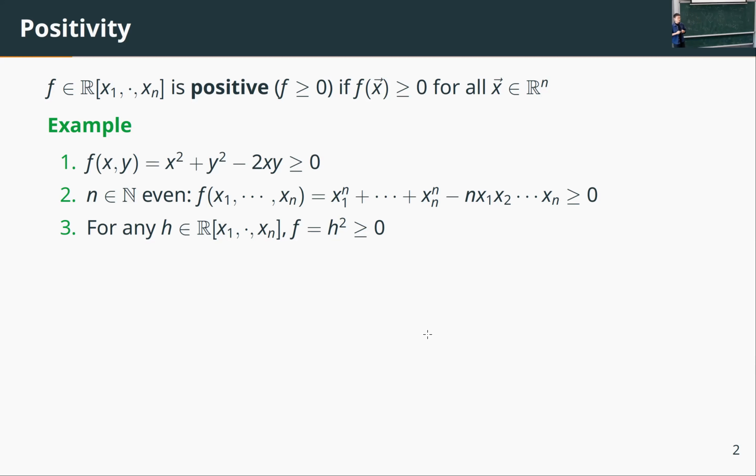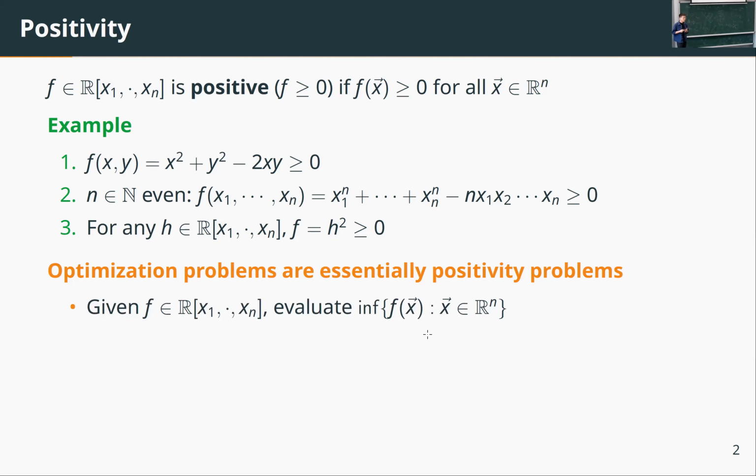One of the main reasons we care about positivity is that optimization problems are essentially positivity problems. Many optimization problems can be formulated as finding the minimal or maximal value of some polynomial. For example, say we want to evaluate the minimum of some polynomial f.